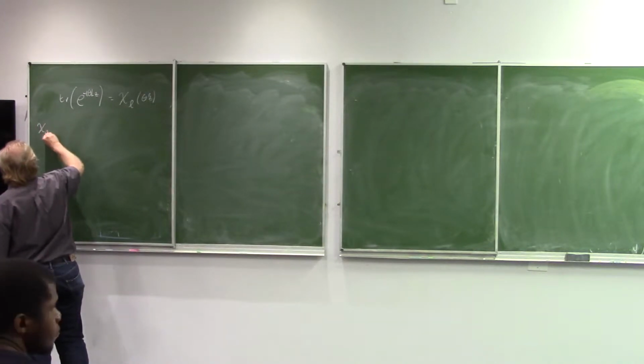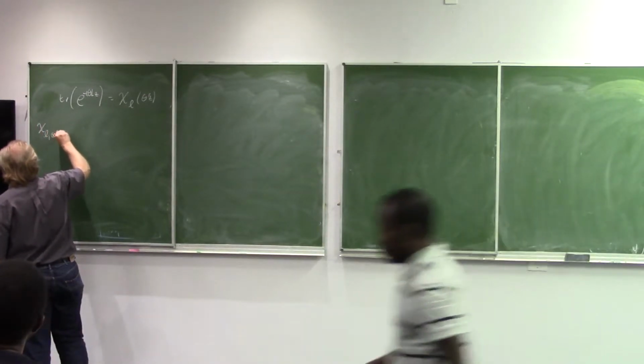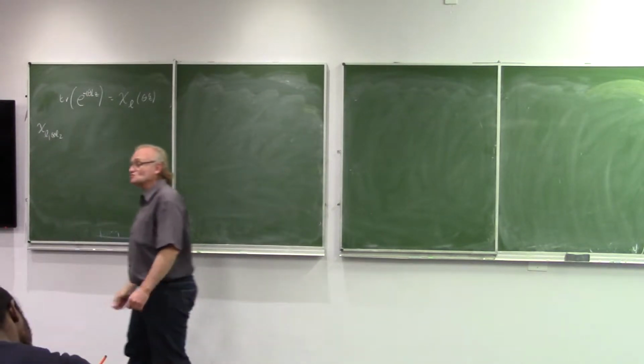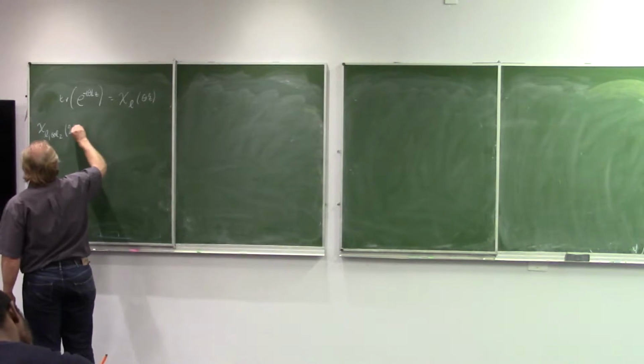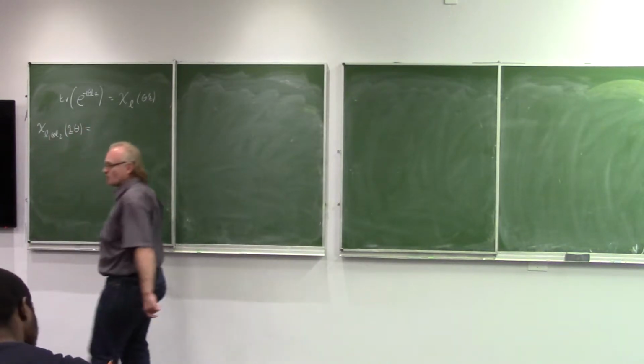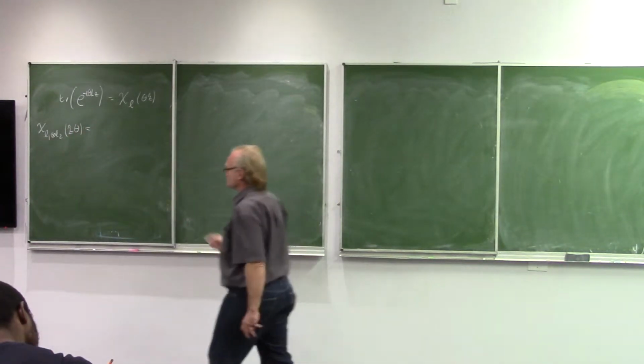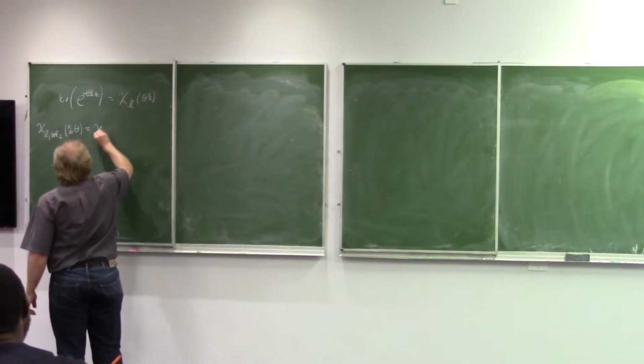Then what we were able to show was, if we took the tensor product of L1 with L2, we argued, just as a property of tensor products, that the character was a product of the characters.